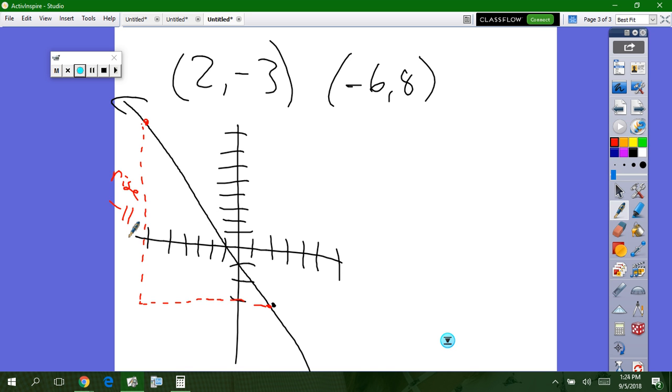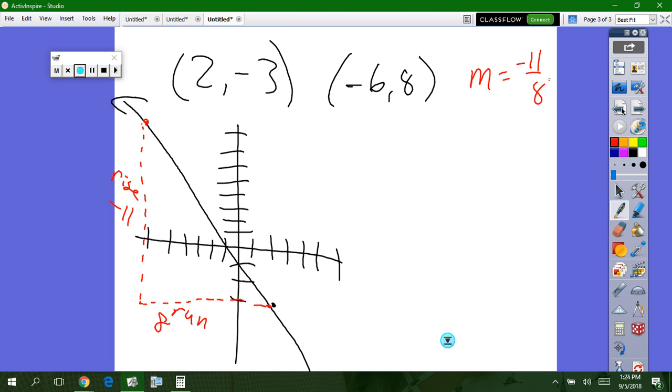How much did I run? I went all the way from -6 all the way over to 2. I ran 8. Okay? So notice, what do I have now? What's my slope? Negative 11/8.